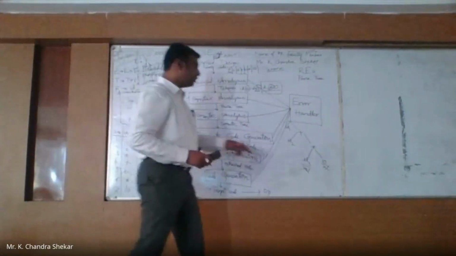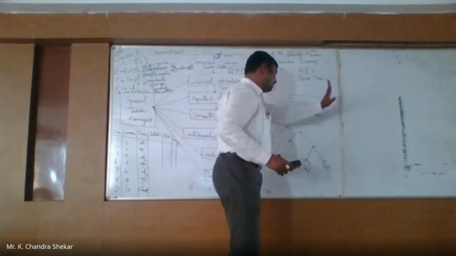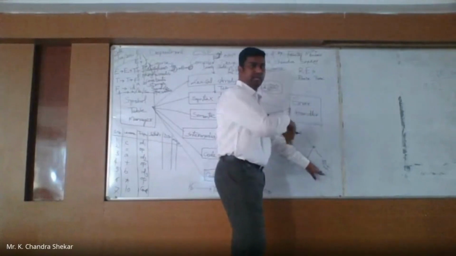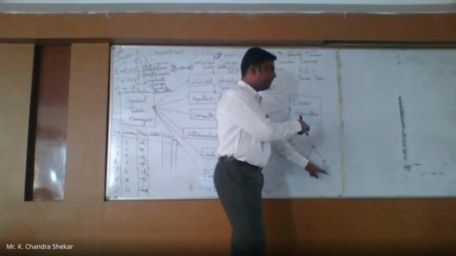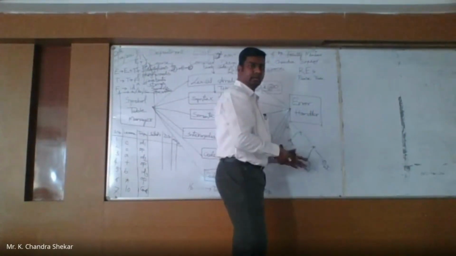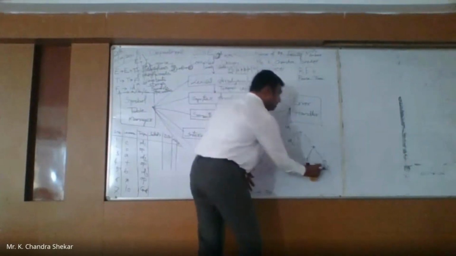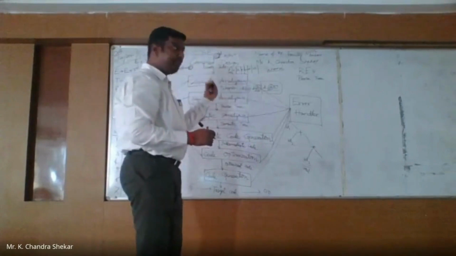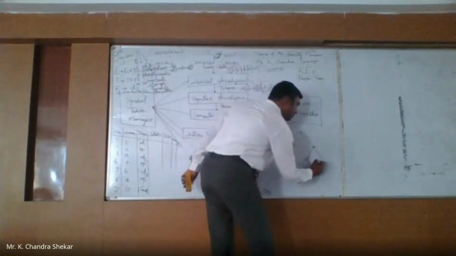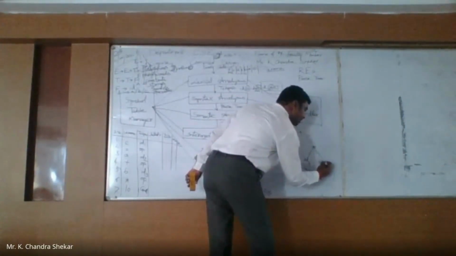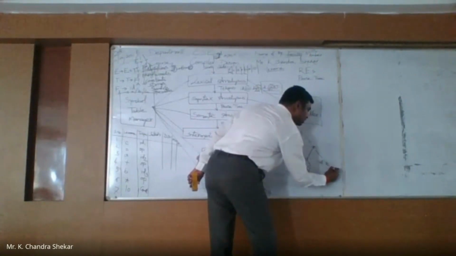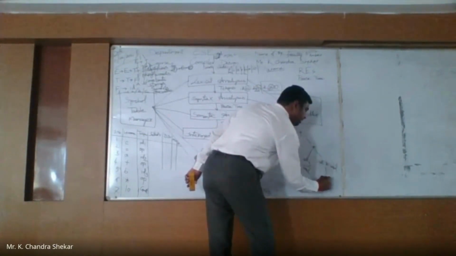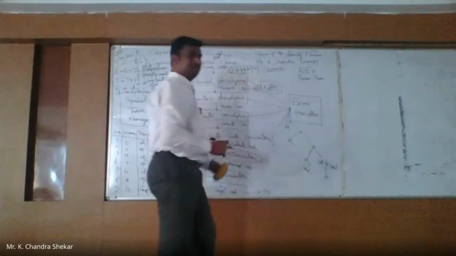Okay. So what do I need to do now? I need to convert this into real. Okay. So the same parse tree will now be converted to a semantic tree by converting the constant into a real.